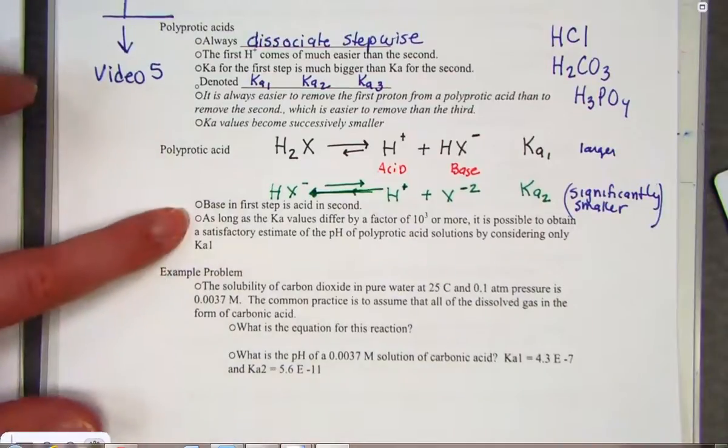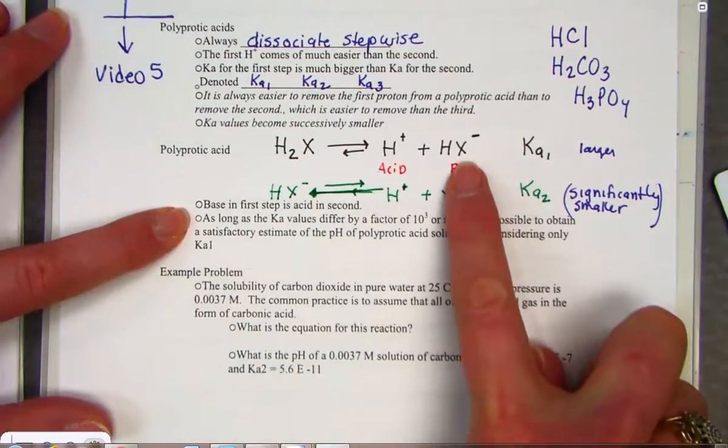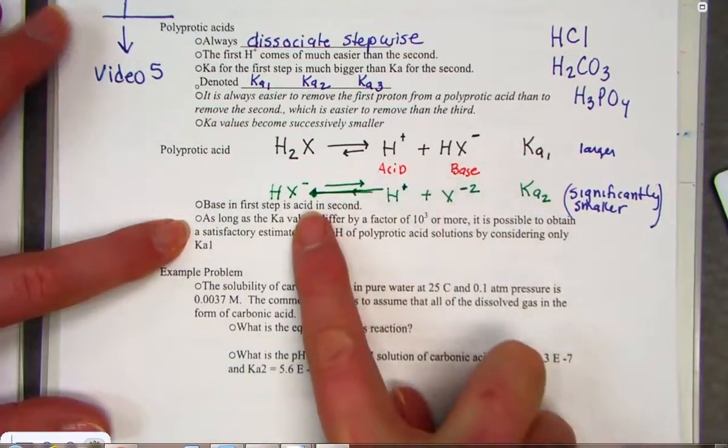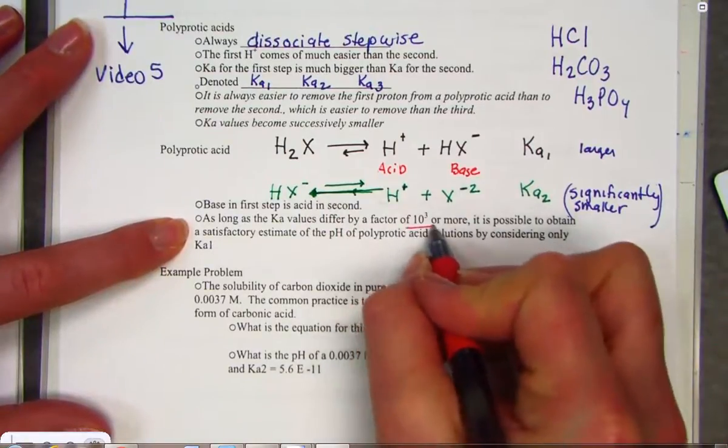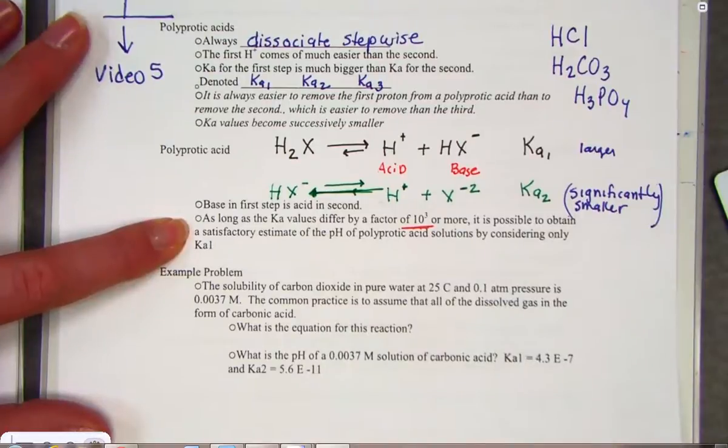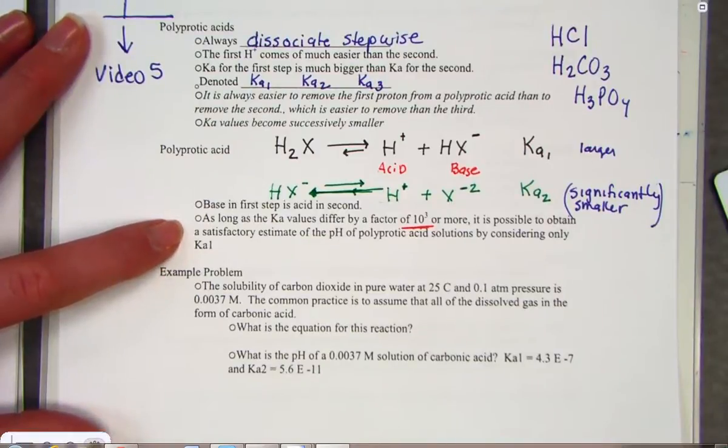So the base in the first step becomes the acid in the second step, removing the proton. Typically, we're seeing a magnitude of 10 to the third power or more to get off that second proton from a polyprotic acid. Therefore, all of this is just saying the following.